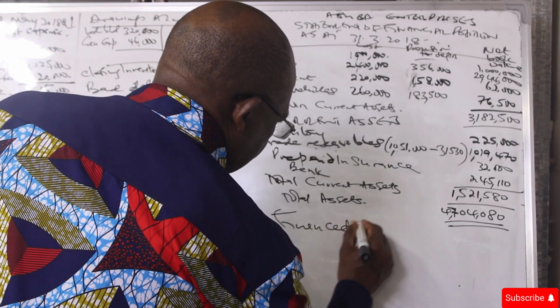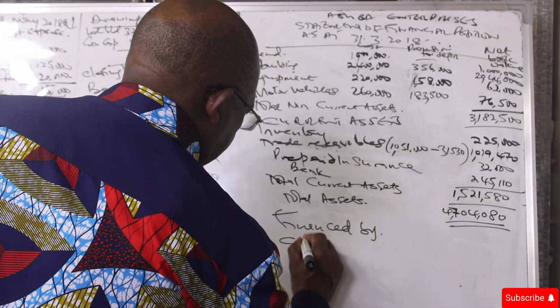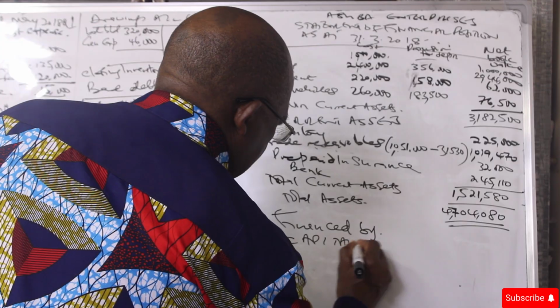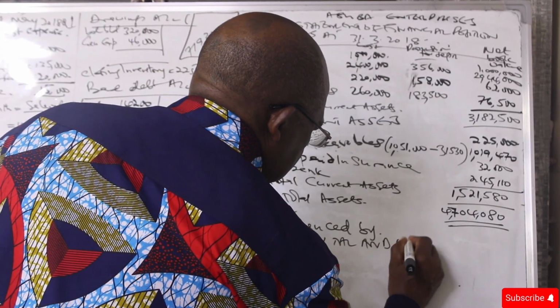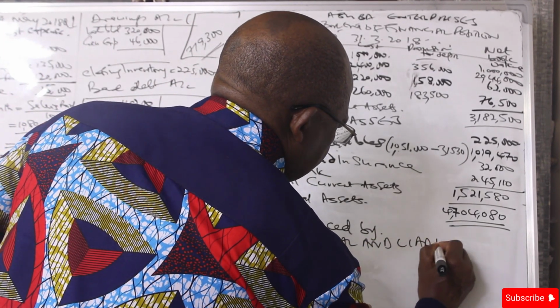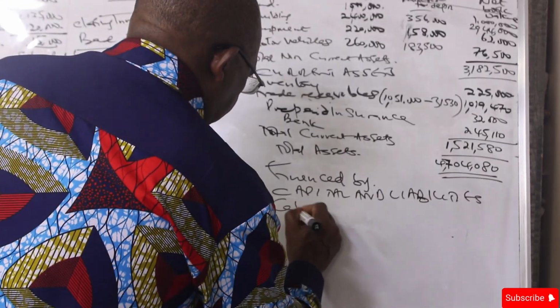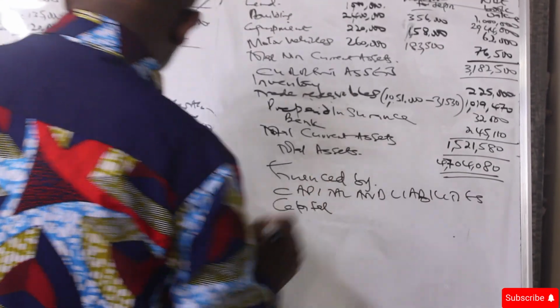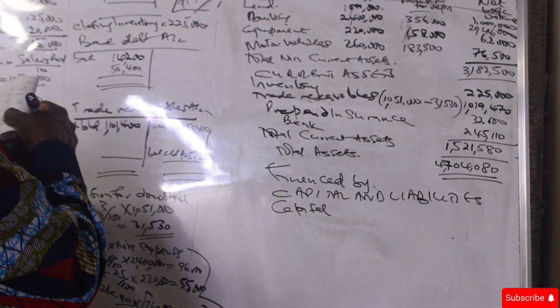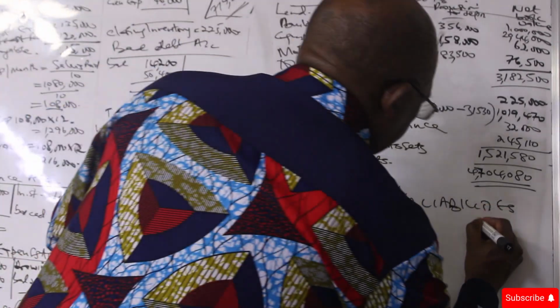We say financed by capital and liabilities. Quickly we go to the trial balance and we get our capital, from the trial balance is 1,852,800.